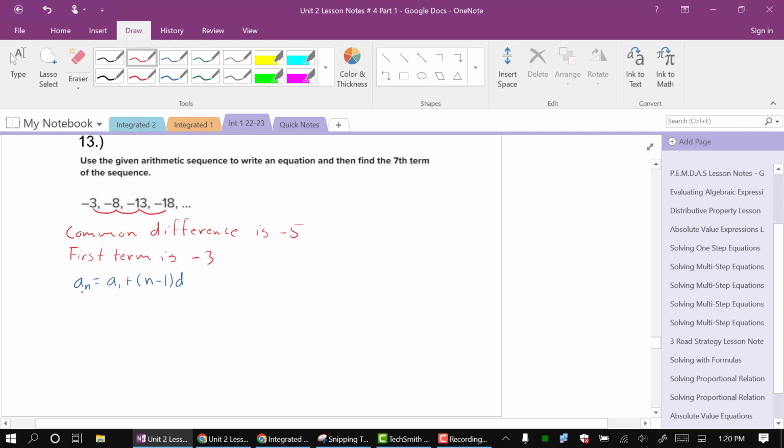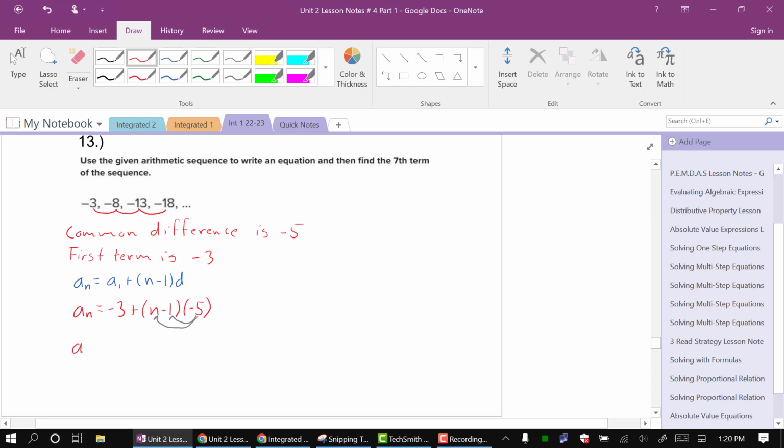So plug in the values that I have. I don't have a_n yet. I have a_1, that's -3. I don't have n yet, n minus 1, but I do have the difference, -5. Okay, I can simplify this out a little bit by distributing this in here and this in here. What does that give me?